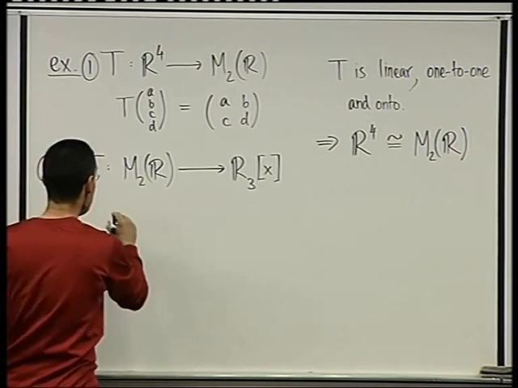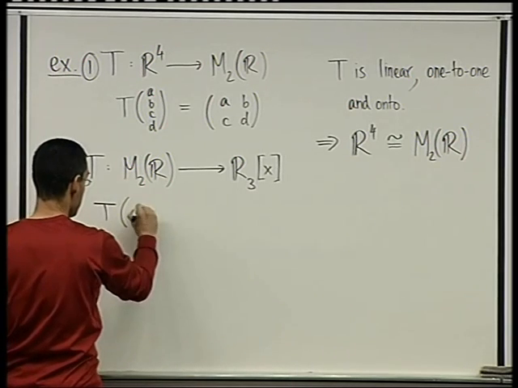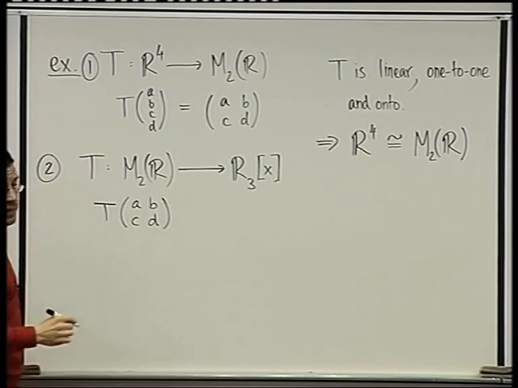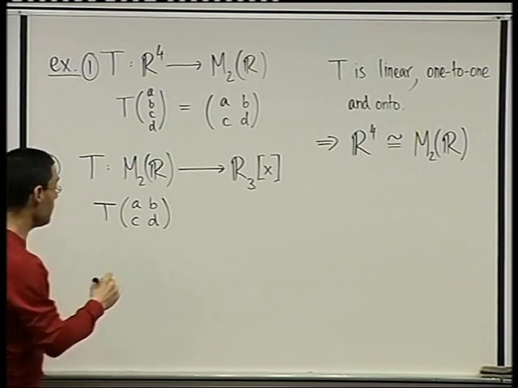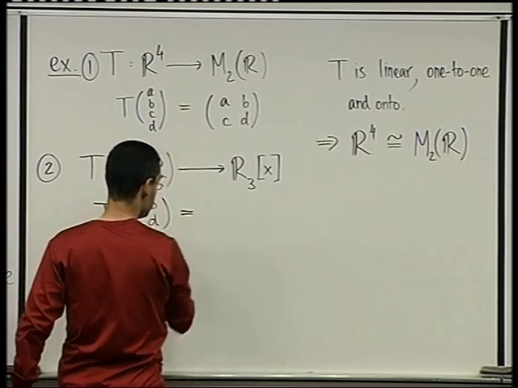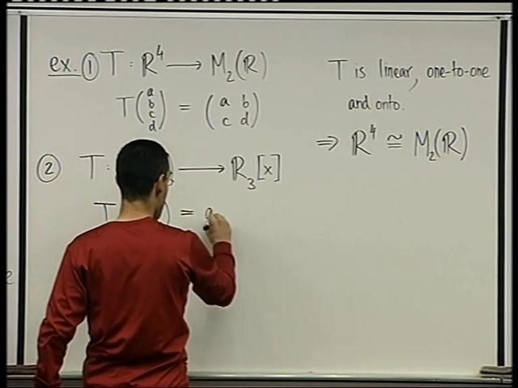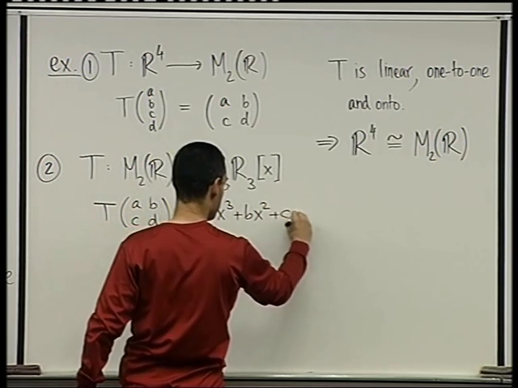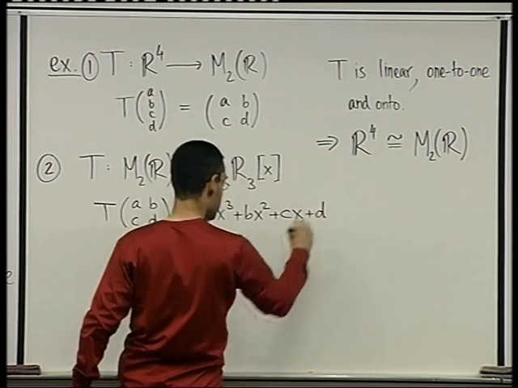And the map is going to be the map that sends a general vector here, a matrix A, B, C, D, to the polynomial ax cubed plus bx squared plus cx plus d.